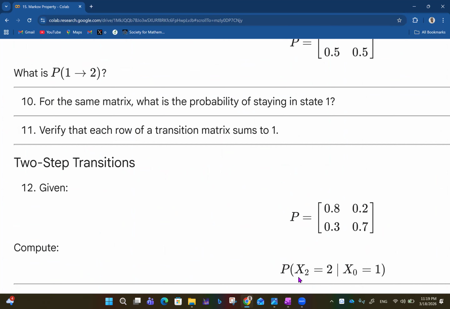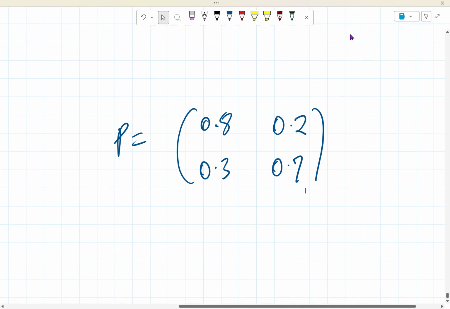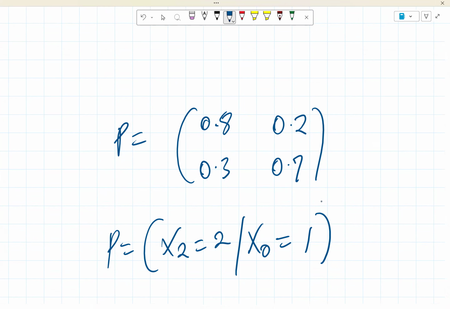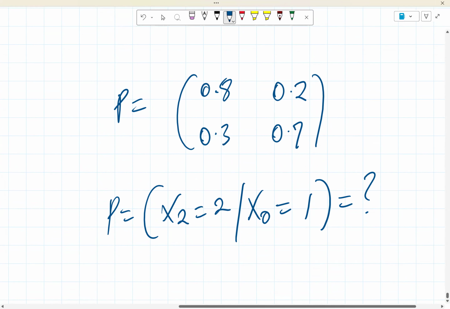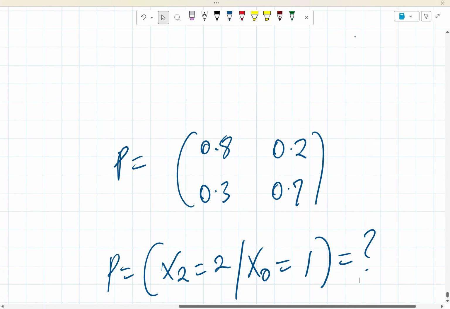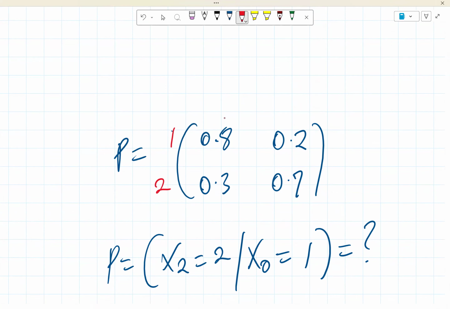So we need P of x2 equals 2 and x naught equals 1. So we do the kind of thing we did with RS the other time. So don't forget this is now 1, 2, 1, 2.